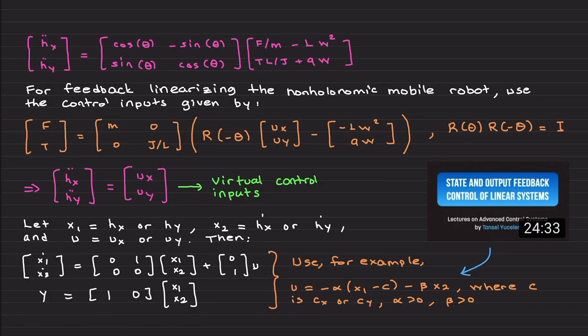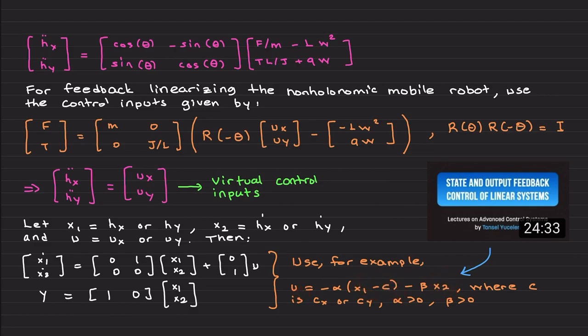If u represents ux, it will be minus alpha times hx minus cx, minus beta times hx dot, with alpha and beta positive parameters, and uy will be the same with hy minus cy and hy dot. It will have this form.